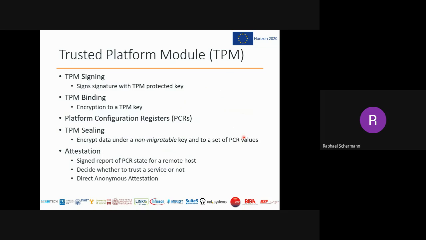A PCR is a TPM register holding a hash value. Here it offers a SHA-1 or SHA-256 hash. The value extended into the PCR can represent the platform state. So suppose the PCR indicates an untrusted state, but an attacker wants to change the PCR to a trusted value.